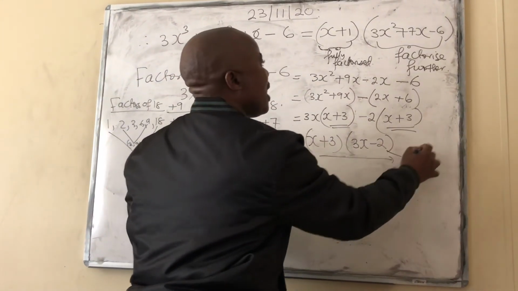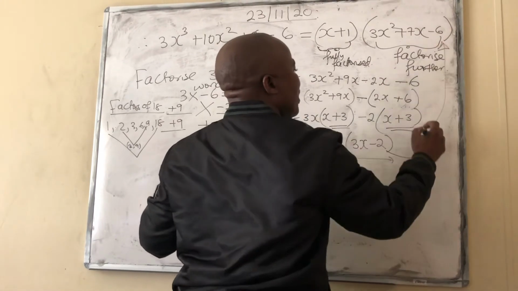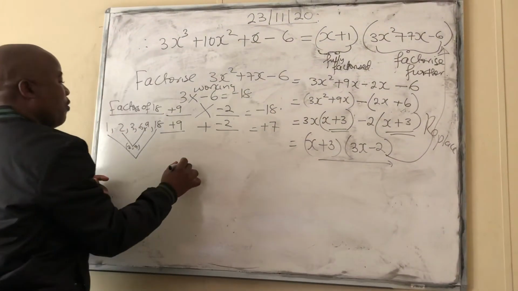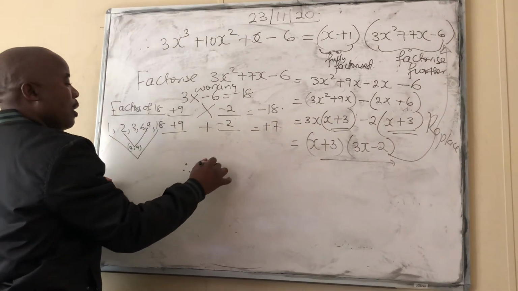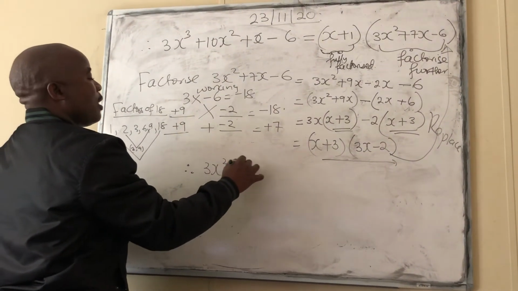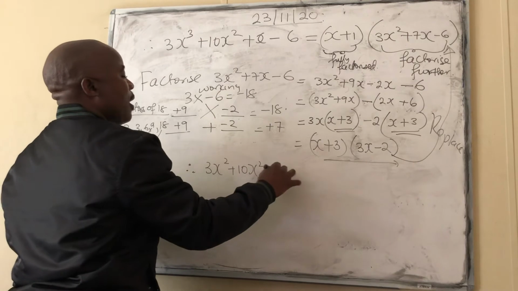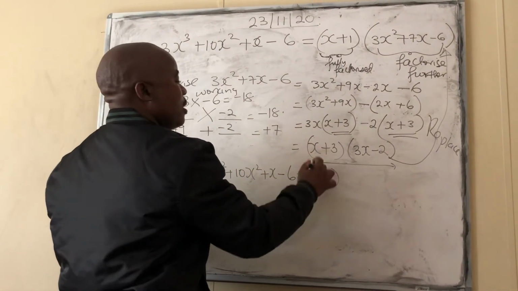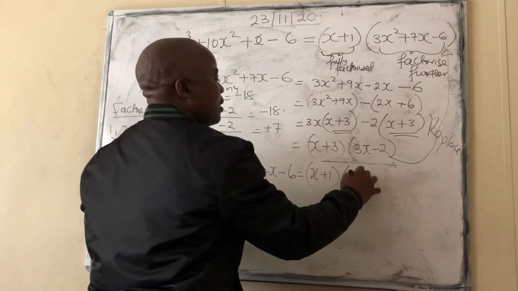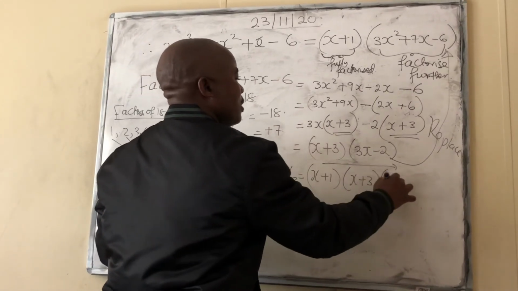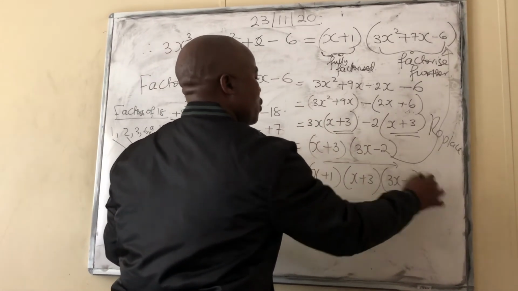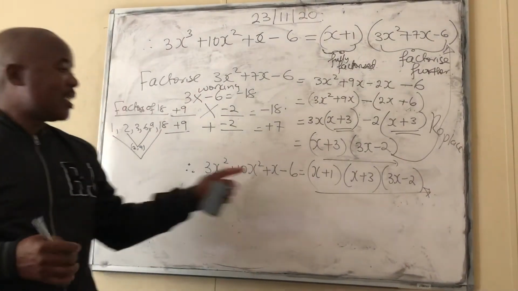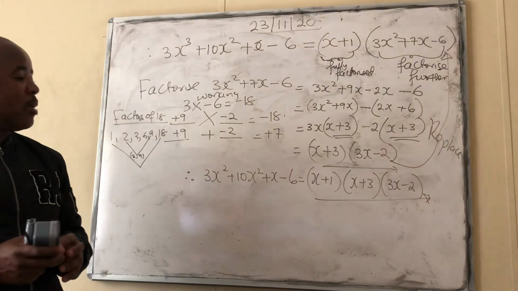So this part you replace. Therefore, 3x cubed plus 10x squared plus x minus 6 equals x plus 1 times x plus 3 times 3x minus 2. So this is how you factorize this type of problem.